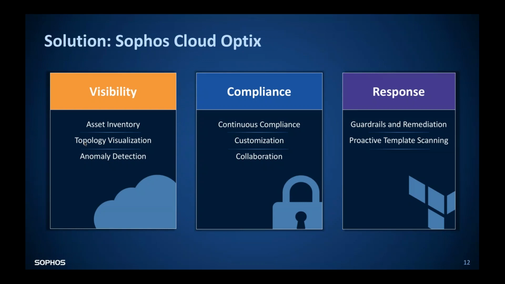So that's really what Optix is all about. You can think of Optix in 3 different pillars: visibility, continuous compliance, and response capabilities. We'll look at the demo a little bit more, but when we talk about visibility, we're talking about asset inventory, helping somebody understand what's out there. I can tell you from my own experience, I manage a number of different cloud accounts at Sophos. We're a big cloud user.